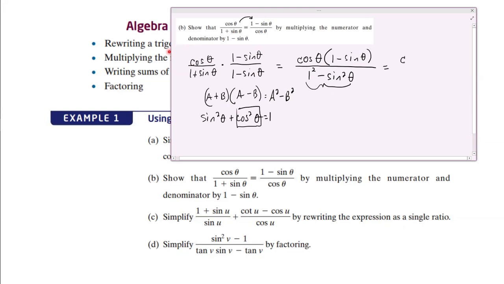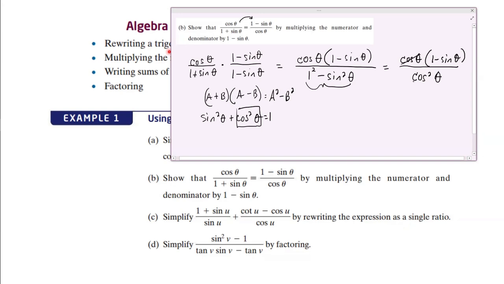So I'm going to rewrite this as a cosine theta times 1 minus sine theta over a cosine squared theta. And then one of these is going to divide out in the denominator, and this one's going to divide into a 1.